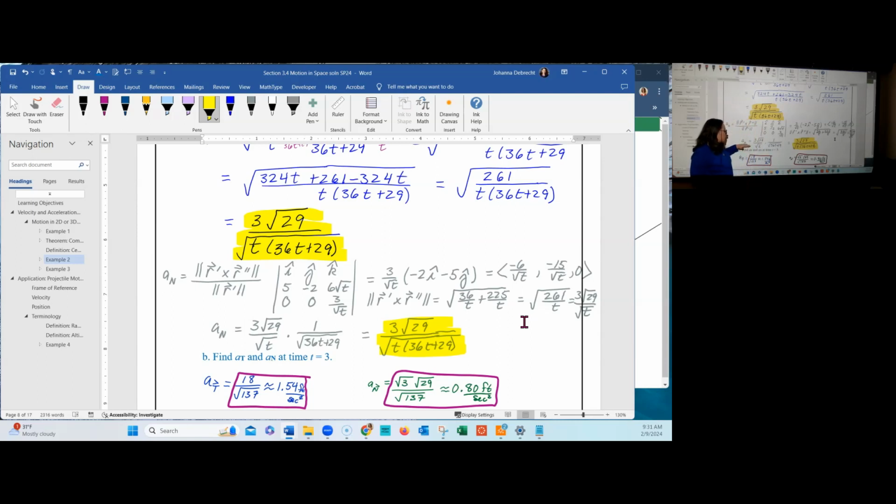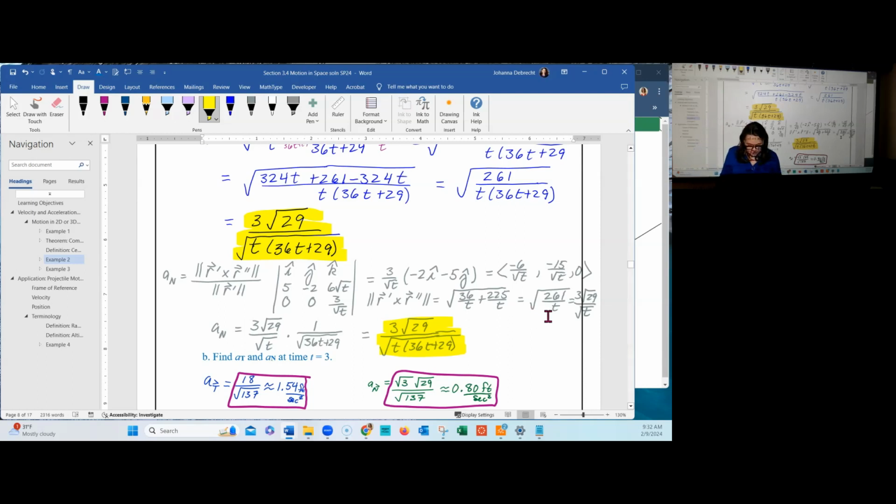For the normal component using this formula, I then multiply by the reciprocal of the speed, the magnitude of the velocity vector, and I end up with exactly the same result as the first one. Which of these you find easier is somewhat a matter of personal choice, so use the one that makes the most sense to you or that you think will be the most straightforward.